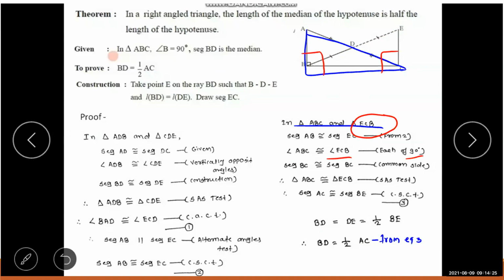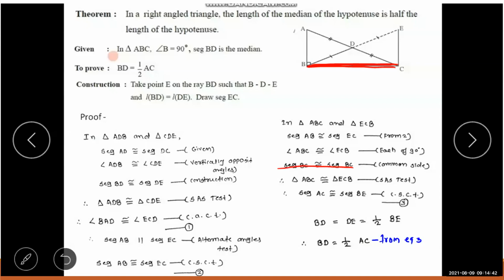And segment BC is congruent with segment BC. Why? In the diagram, segment BC is the base for both triangles. As it is common, it is congruent with itself, and the reason is common side.